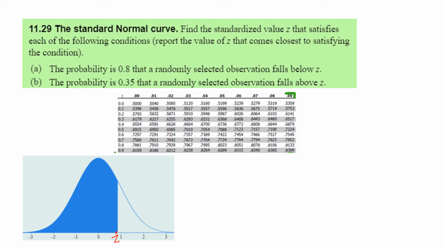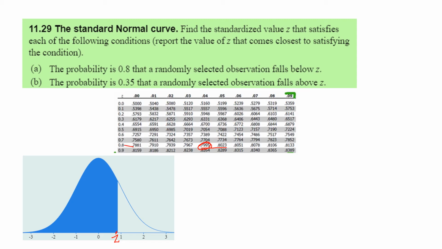inside this table. I don't have exactly 0.8. I have 0.7995 and 0.8023. Now 0.8, maybe this is closer, so I will select this. That corresponds to 0.8 on this side and 4 here.